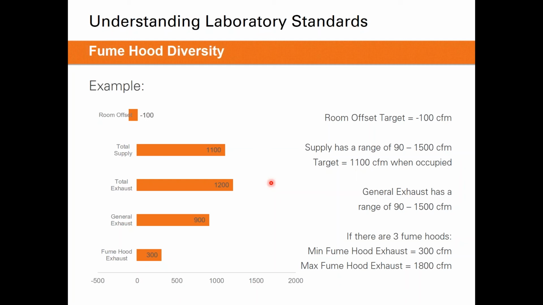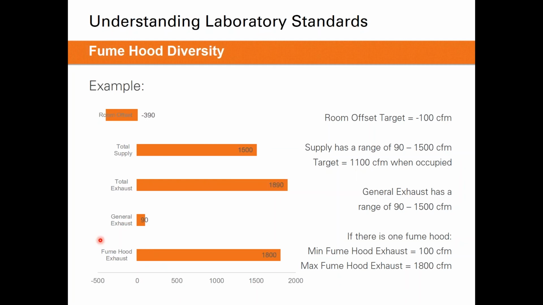So if we have a full lab now and 3 individuals go to each of the fume hoods and open them up, what we'll find is that our fume hood exhaust, to control to the face velocity on each fume hood, is going to increase to 1800 CFM. So each hood is going to control up to 600 CFM. Our general exhaust valve here, in an attempt to maintain our room offset, has fully closed. So we're only exhausting 90 CFM on our general exhaust valve, giving us a total exhaust of 1890 CFM.